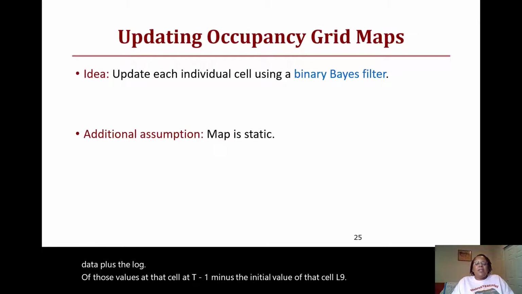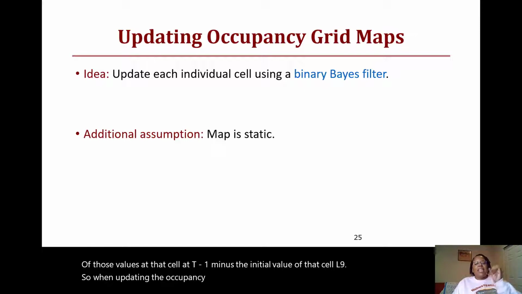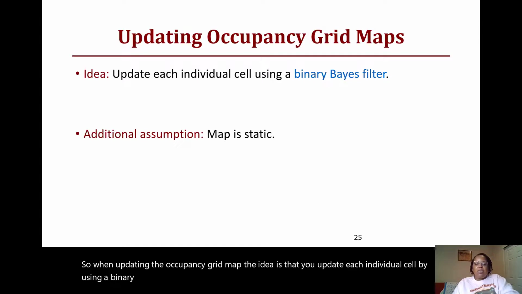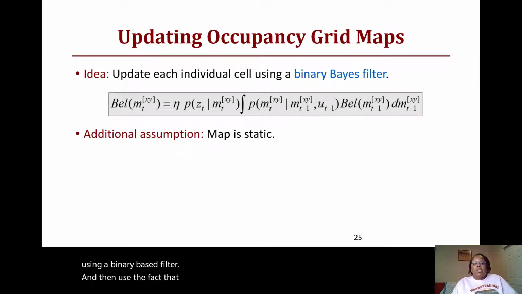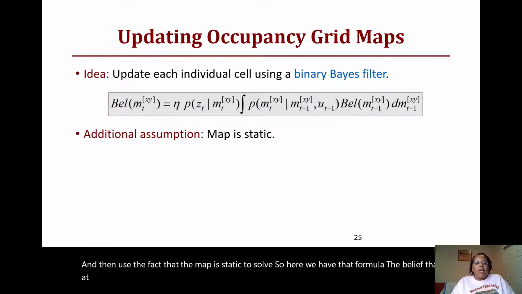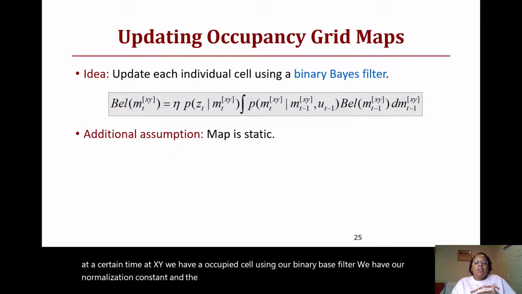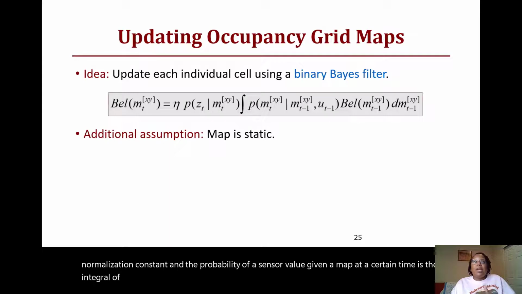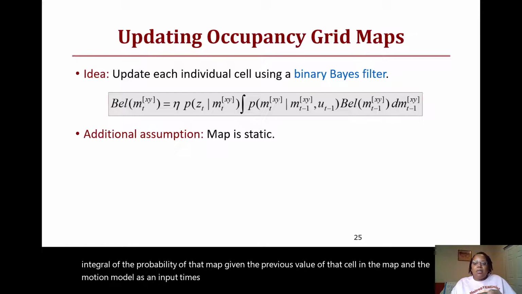So when updating the occupancy grid map, the idea is that you update each individual cell by using a binary Bayes filter and then use the fact that the map is static to solve. So here we have that formula, the belief that at a certain time at x, y we have an occupied cell. Now using our binary Bayes filter, we have our normalization constant, and the probability of a sensor value given a map at a certain time is the integral of the probability of that map given the previous value of that cell in the map and the motion model as an input, times the belief of the value of that cell, times dm.